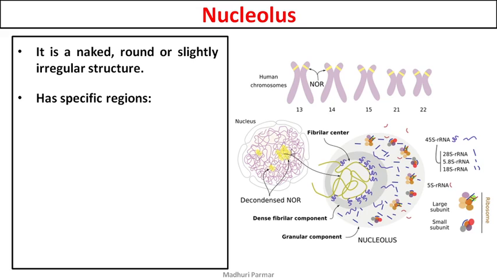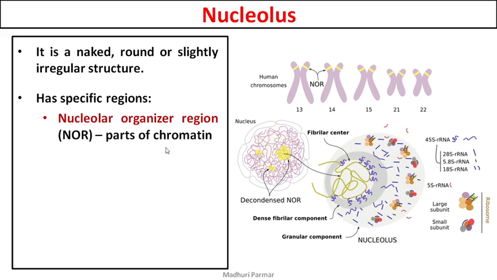These yellow colored portions you are seeing are your nuclei. When you zoom in on one nucleolus, it looks like this. Here you have the centermost portion, which is called the nucleolar organizer region, NOR.